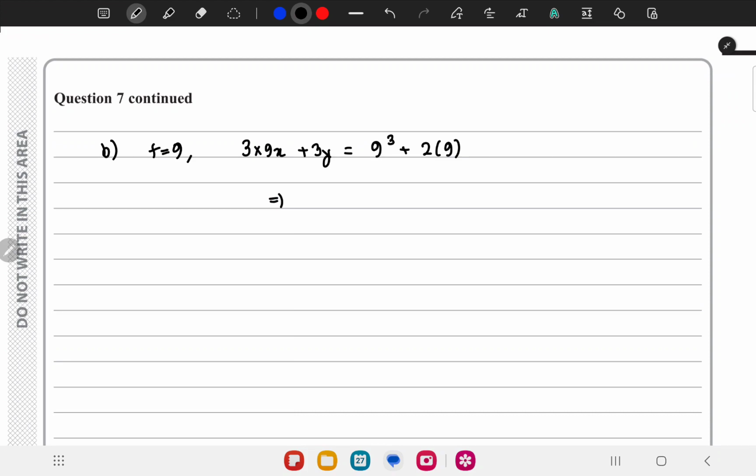If we make y the subject over here, we'll get 3y equals minus 27x plus 747. If we divide both sides by 3, we'll get minus 9x plus 249.